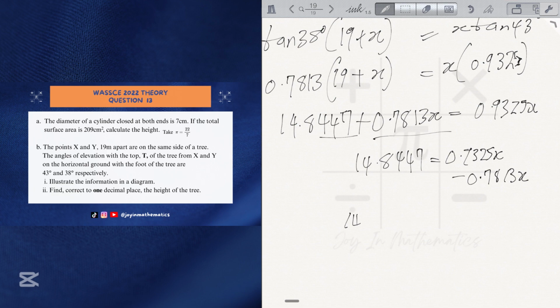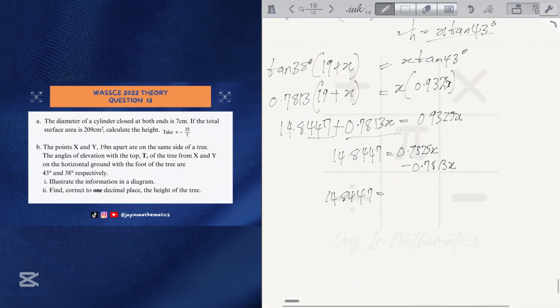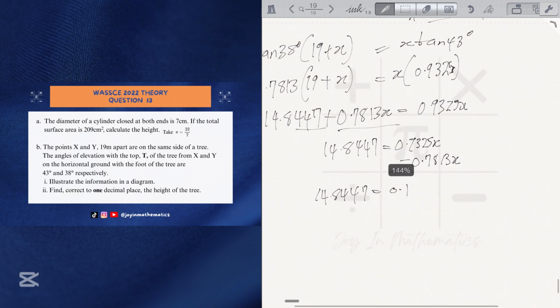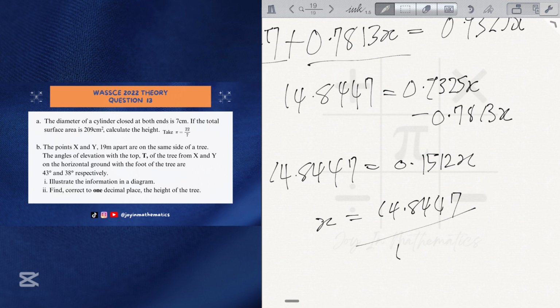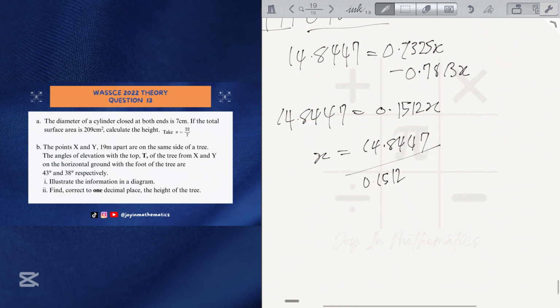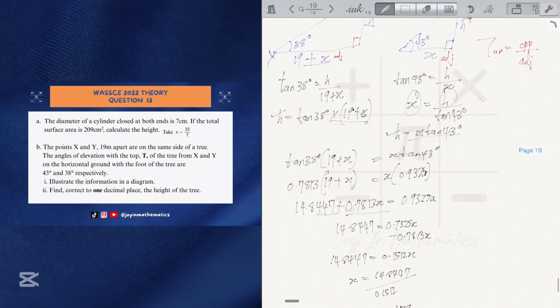So with that, we have 14.8447 to be equals to 0.1512x. So therefore, x will be 14.8447 divided by 0.1512. So the value of x now will be equals to 98.179 meters.